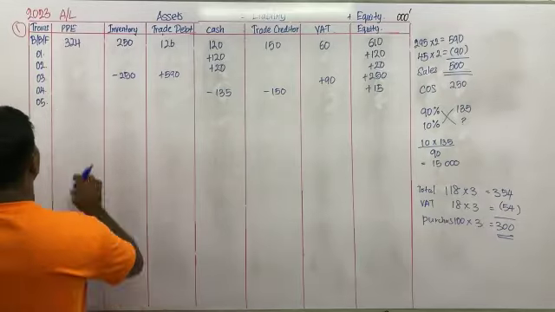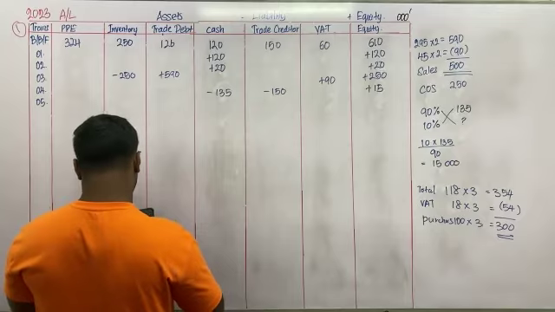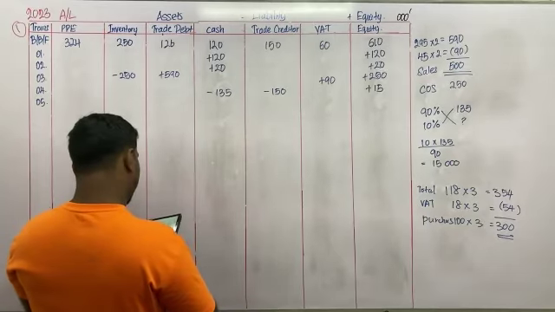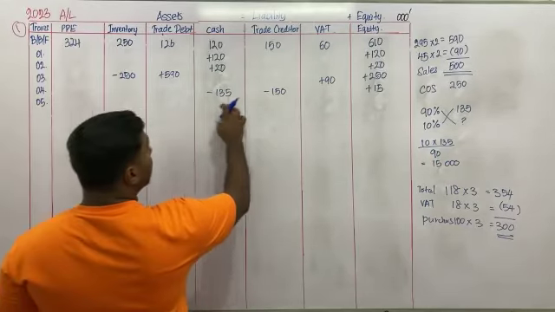So for transaction number 5, we are purchasing 300,000 on a credit basis, right? Yes. So it's a purchase VAT.